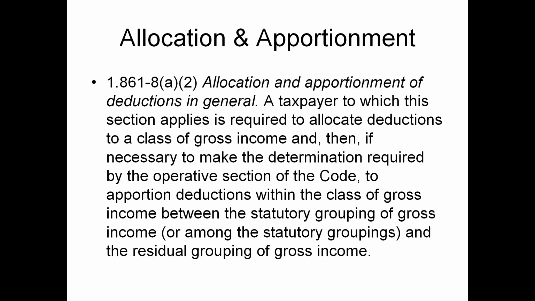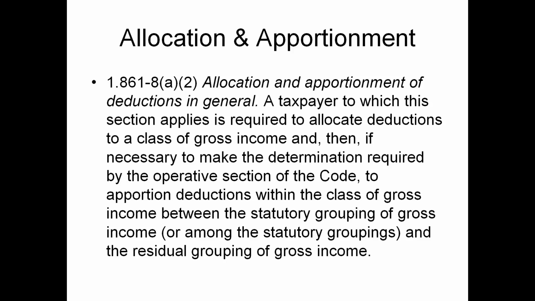If we have a client or an employer who makes goods and sells them, as well as buys goods and sells them, we have to allocate the expenses between the making and selling and the buying and selling activities to figure out what qualifies for DPAD.